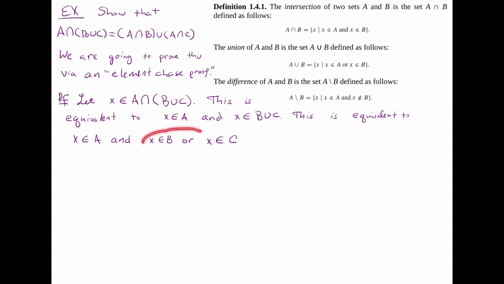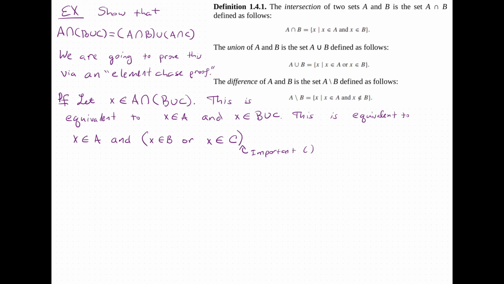When I do this, now there's ambiguity. We have an and and we have an or. But which goes first? We know that these are not associative. And so we need the parentheses. This is important. So that's one thing just to be careful of when writing these things down. So we have x is in A and, in parentheses, x is in B or x is in C.